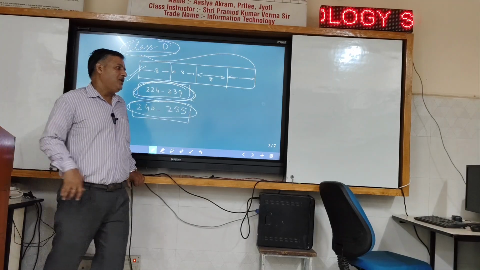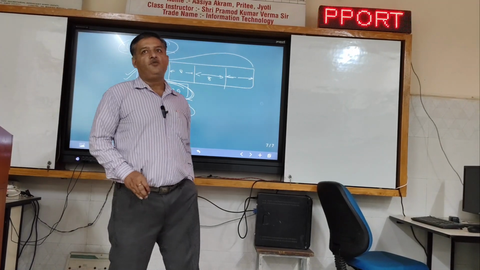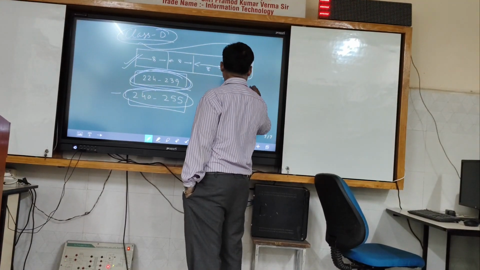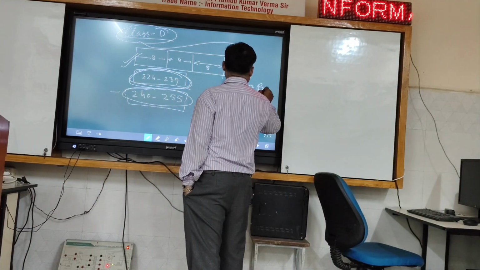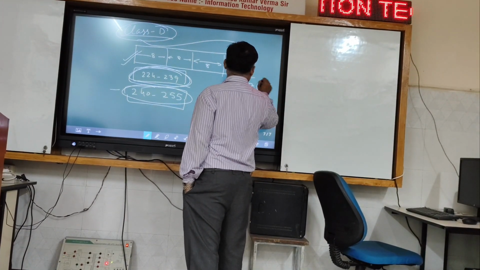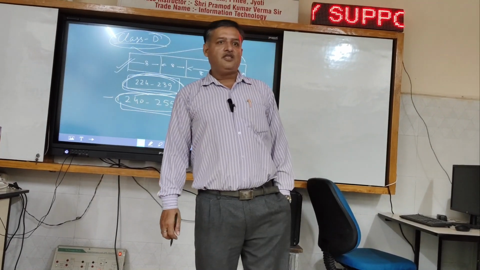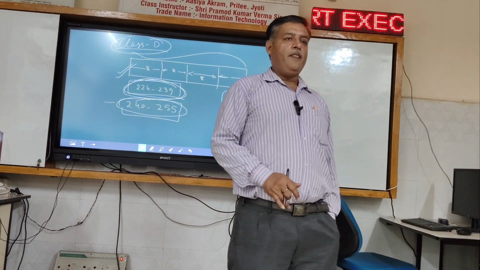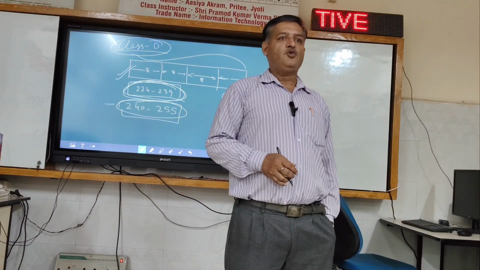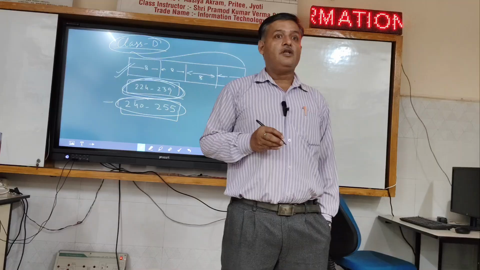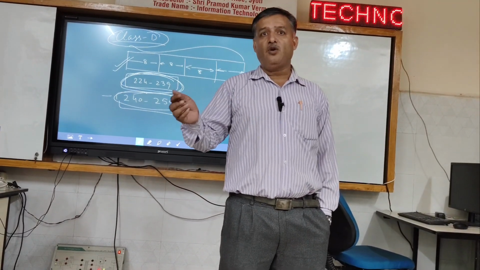As far as IPv6 is concerned, it is a 128-bit system, and this is for futuristic purposes. I can give you an example, because in future we will have so many devices where everywhere we have to use IP addressing. Everything will be controlled by the internet.